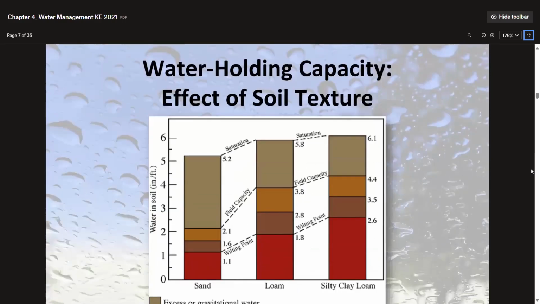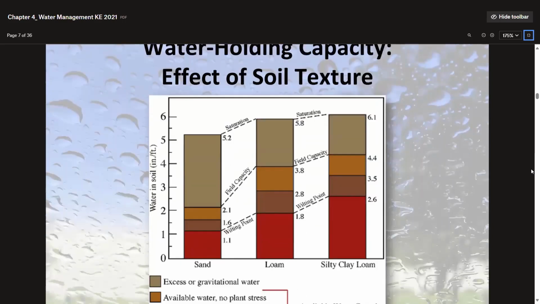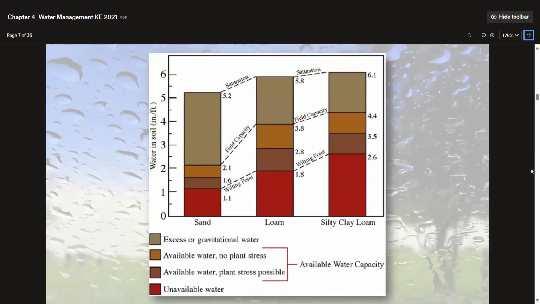Let's look at the different water holding capacity and the effects of soil texture, okay? So in this diagram, in the light brown, you have excess or gravitational water, right? In the different types of soils, sand, loam, and silty clay. And the water in soil on the left is in inches, right?